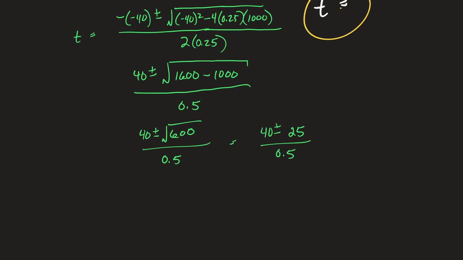That's going to be either 65 over 0.5 or 15 over 0.5, and I wrote 14, so what's wrong with Mr. Shelton? I don't know. There. And that means this is 130 or 30. Those are my two possible times.